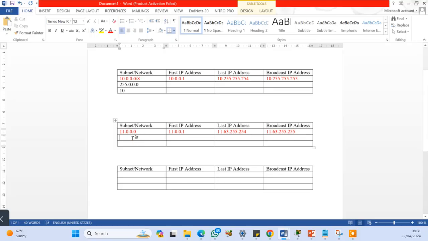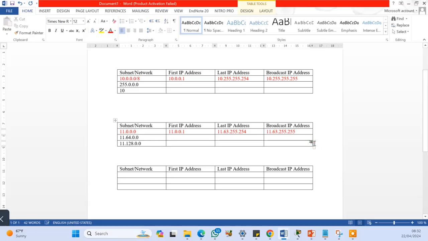So the next here I can actually populate that it will be 11.64 and then dot 0 dot 0. And then the other one will be 11.128.0.0.